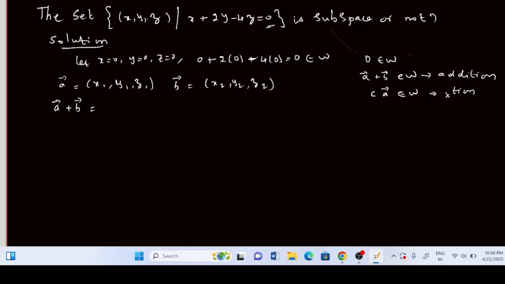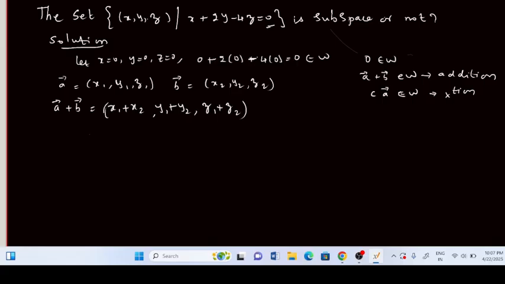We get x1 plus x2, y1 plus y2, z1 plus z2. So now in the place of x we have x1 plus x2, y is y1 plus y2, z is z1 plus z2.